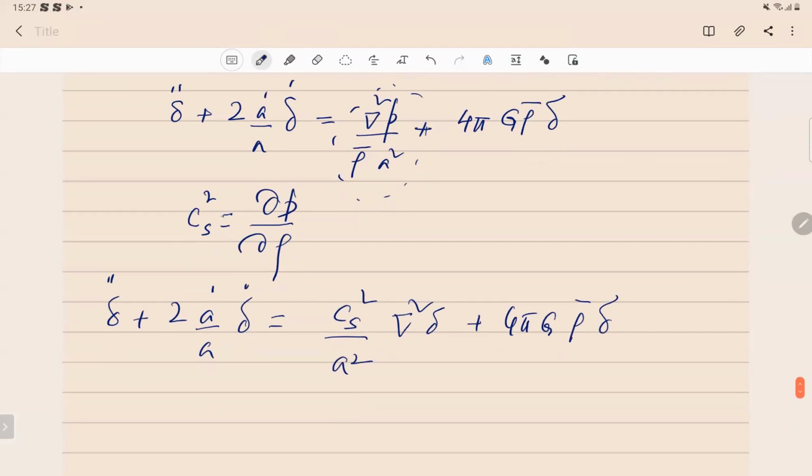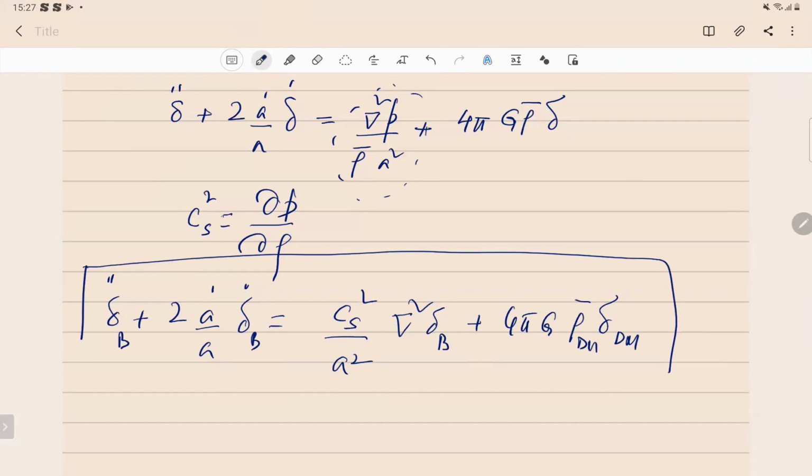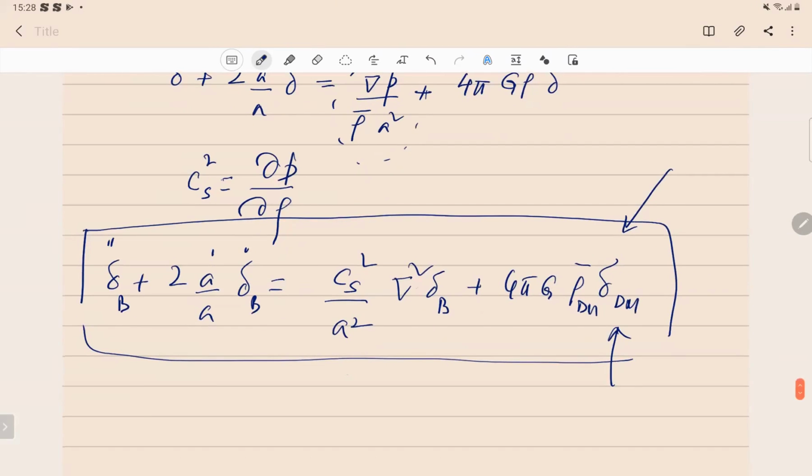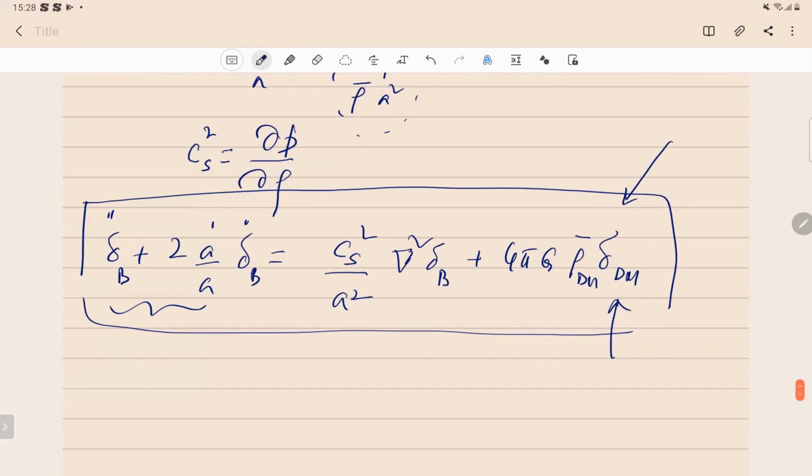So now the crucial thing is that this delta over here, if you're writing for baryons, this will still be dark matter, whereas these will be baryons. And that is the crucial thing. So on the right hand side, you still have the dark matter fluctuations, which is sourcing the whole thing. And this pressure term is coming from the baryons. And of course, we are writing the fluctuations for baryons.